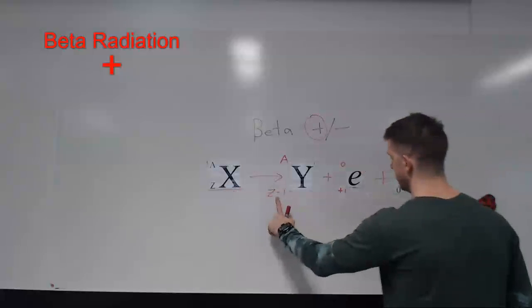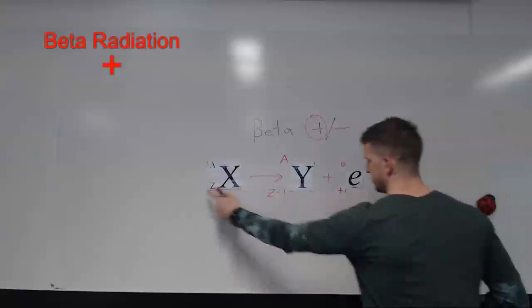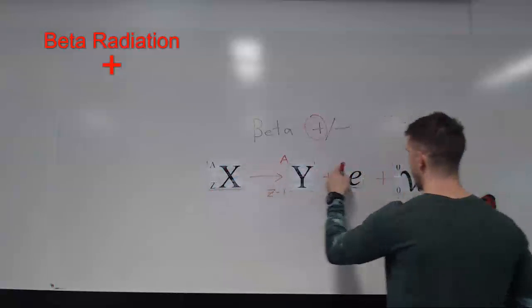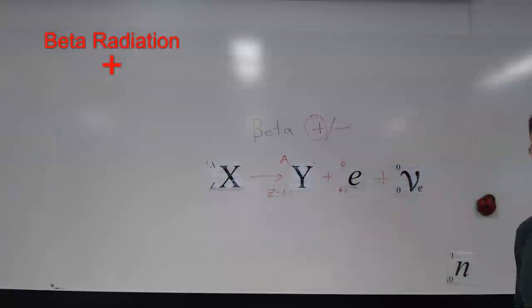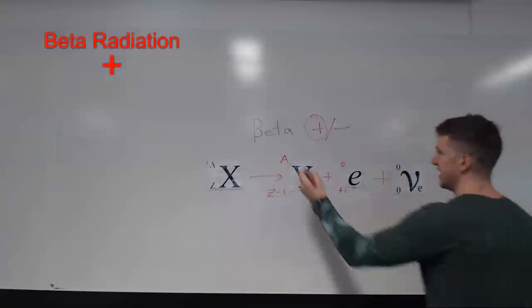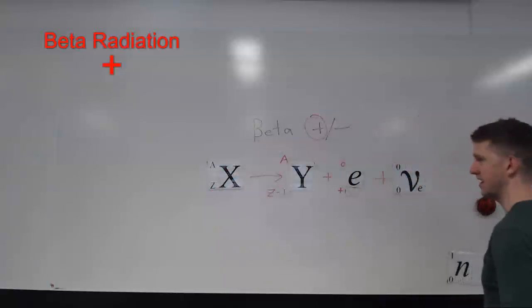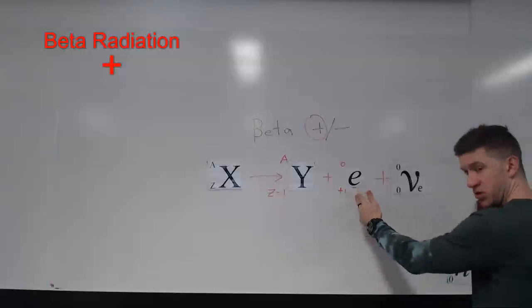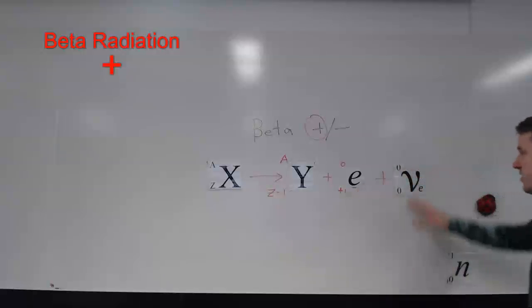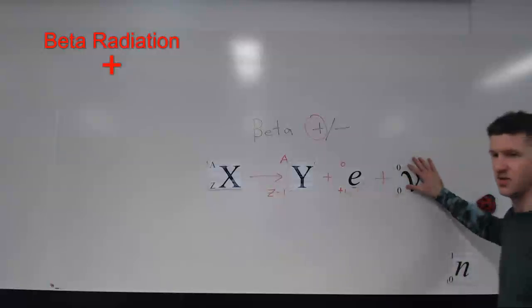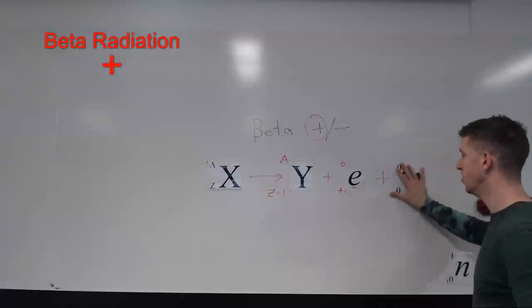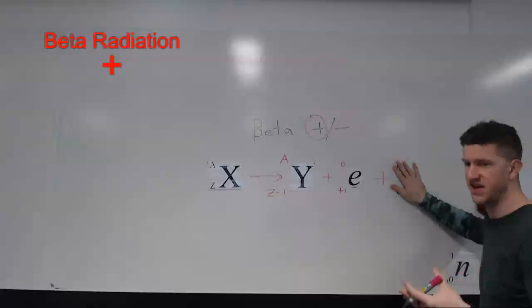Now I can check. Z minus 1, +1 minus 1 gives me the Z. A goes to A, 0, 0. Everything is balanced. So this is your beta plus general equation. As long as you've got your positron, the neutrino doesn't contribute to this situation. So if you forget to put it in or you leave it out, it doesn't affect the general equation.